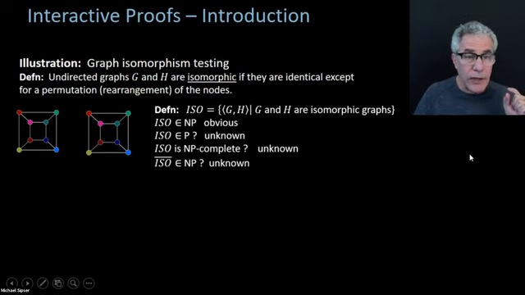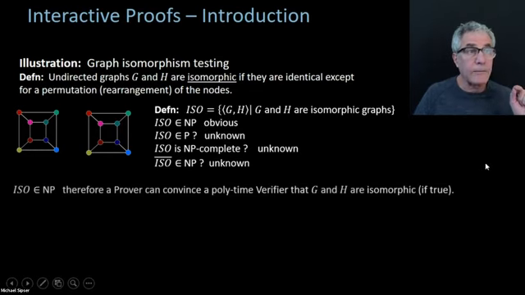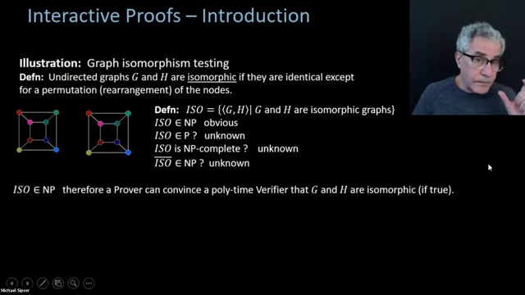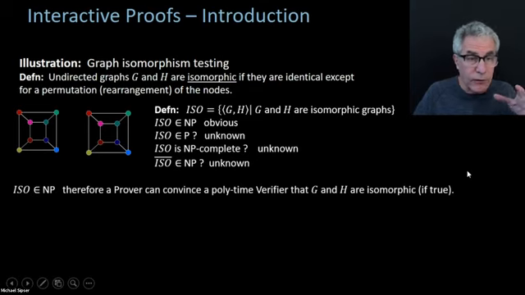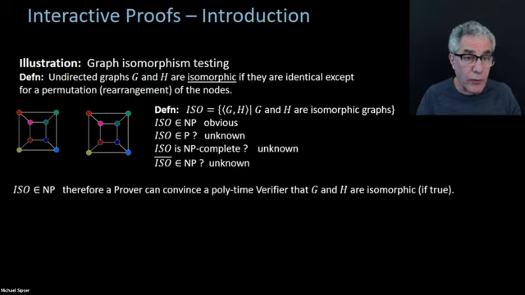But there's something that's very interesting, nevertheless, and it has to do with the ability for one party to prove to another that graphs are either isomorphic or not isomorphic. We haven't really been formulating it this way so much in this class, but this is a completely equivalent way of formulating the notion of NP: you have a polynomial time verifier and a prover who can produce certificates, say a powerful prover.